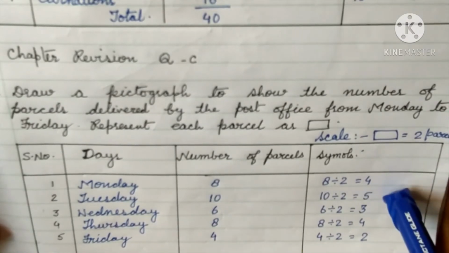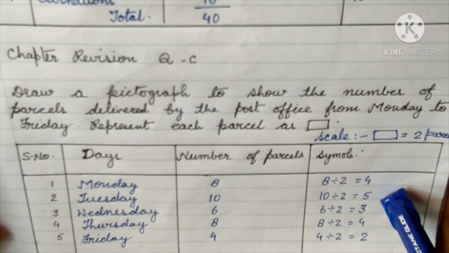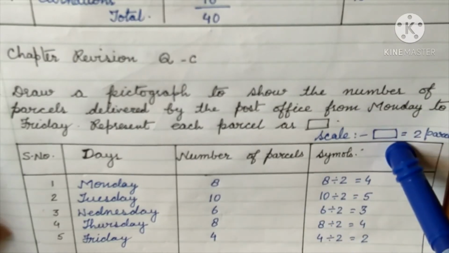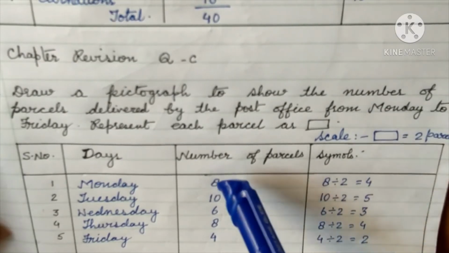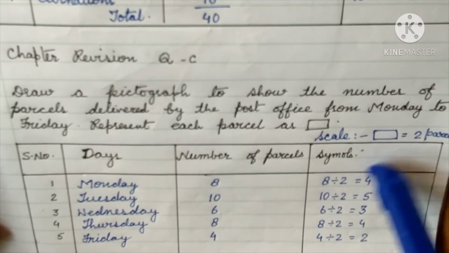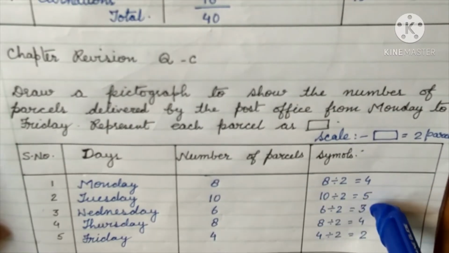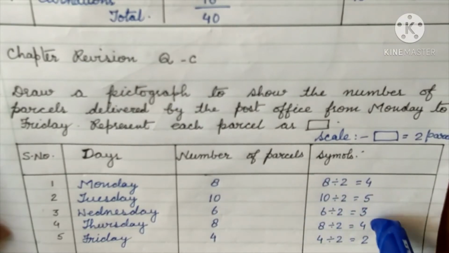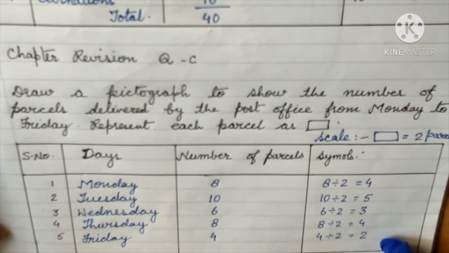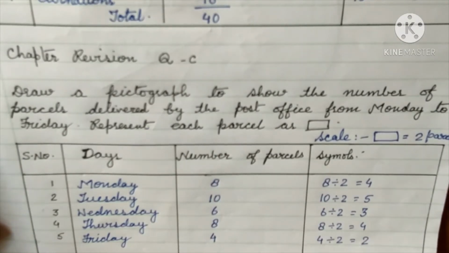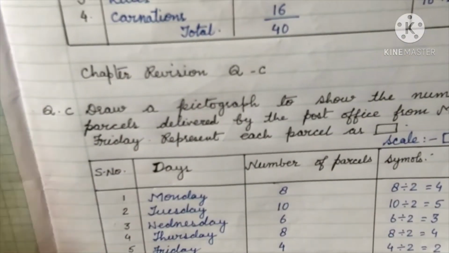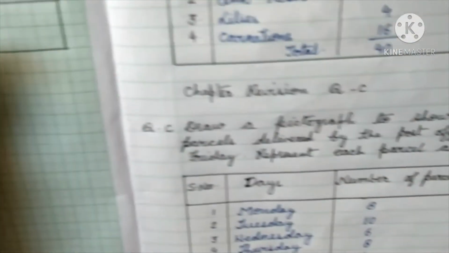Again we will convert it into how many symbols we have to draw. Since we have taken 1 square is equal to 2 parcels, 8 divided by 2 is equal to 4, 10 divided by 2 is equal to 5, 6 divided by 2 is equal to 3, 8 divided by 2 is equal to 4 and 4 divided by 2 is equal to 2. So we are switching to the drawing portion. The same thing we have to do. One thing you have to be careful about, the question in front of that I am drawing.